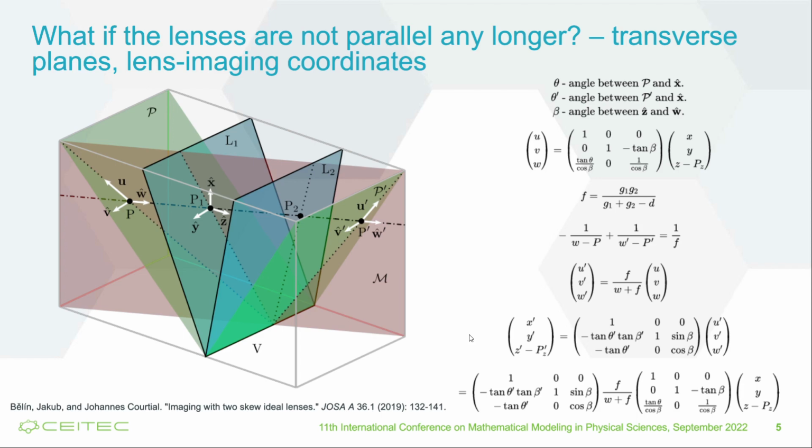And then we confirmed by a thorough calculation that the image position x'y'z' obtained by this equation here coincides with the image position obtained by successive imaging first due to L1 and then due to L2. Perfect. We showed that imaging with a pair of skew lenses corresponds to an imaging due to a single thick lens, but with an additional shearing caused by the non-zero angle between the lenses.